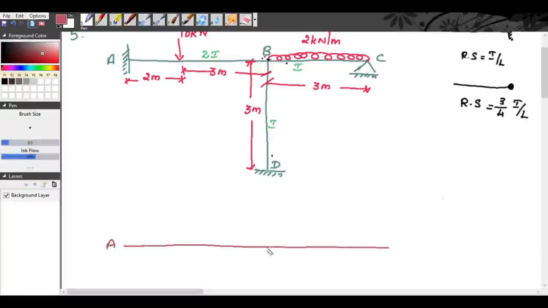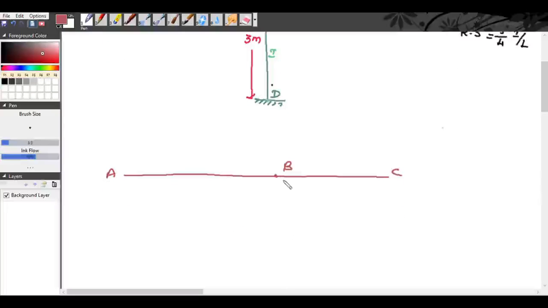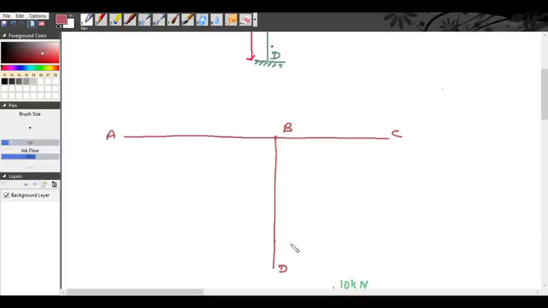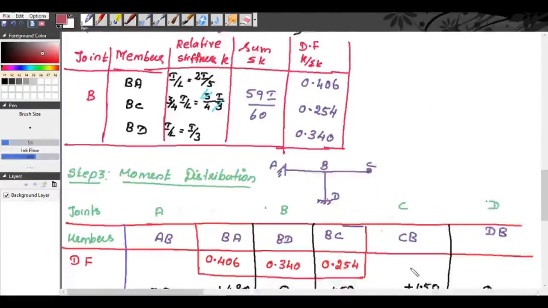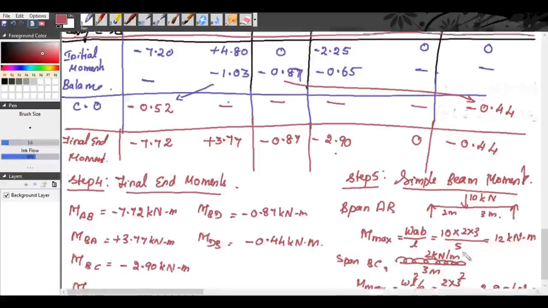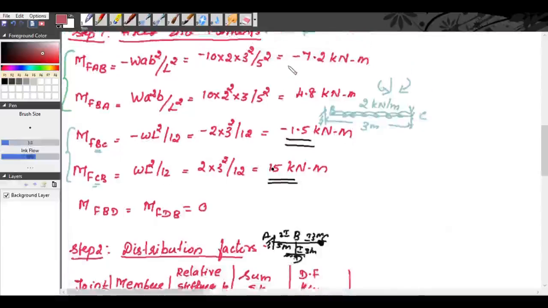So A, C, B. This is D. So, by drawing the simple beam moment diagram, we have the values as 12 kilonewton meter and 2.25 kilonewton meter.